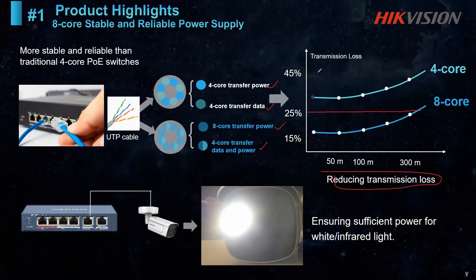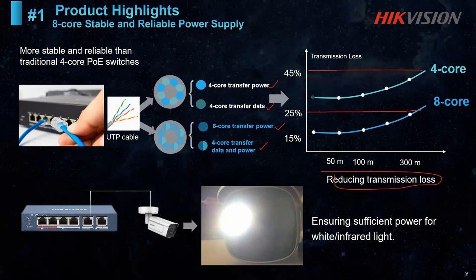But if you are using a 4 core data transmission system with a 4 core power, definitely it is more than that. It is closer to double. So I think this kind of 8 core stable power supply is very reliable when it comes to the power in the camera, especially when the camera is having a white light or infrared light, which actually needs some additional power to work properly.